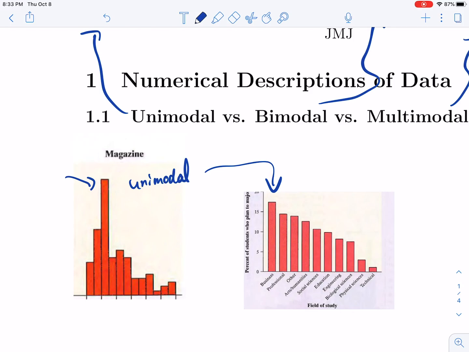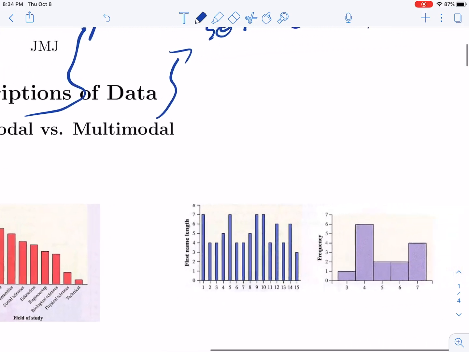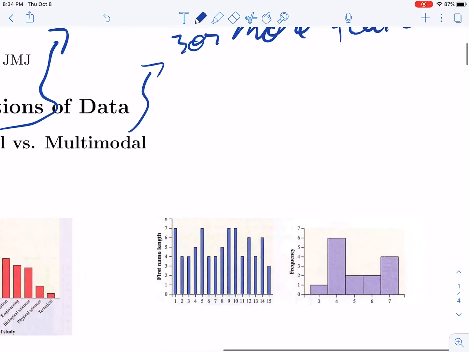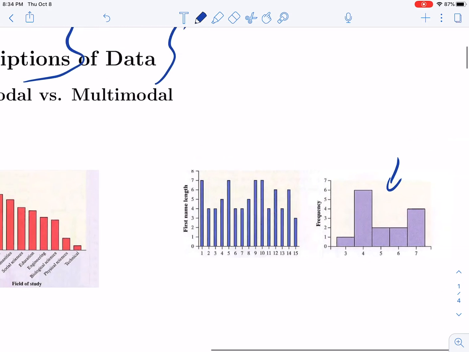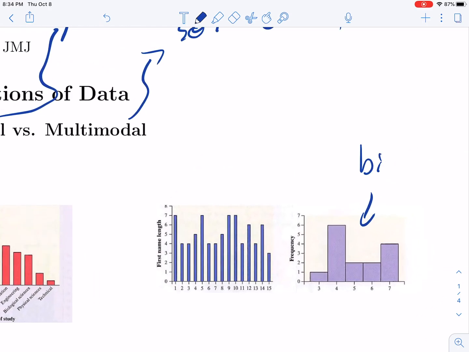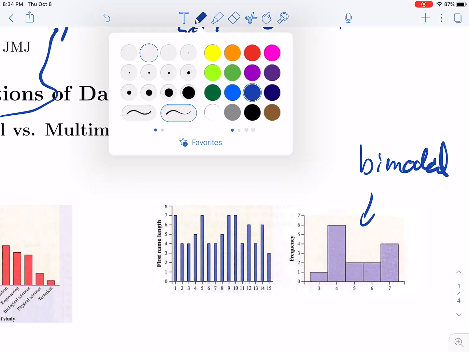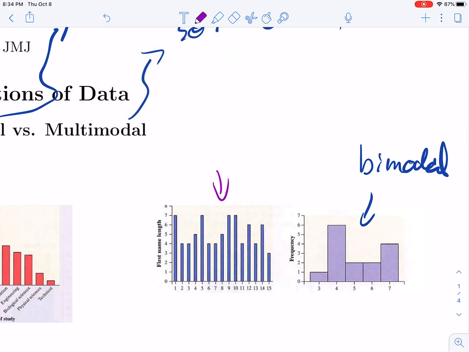One peak. Over here, this guy is bimodal, right? 2 peaks, 2 biggest portions. And this guy over here, we can say is multimodal. Why? Because I see maybe 4 peaks, something like that.